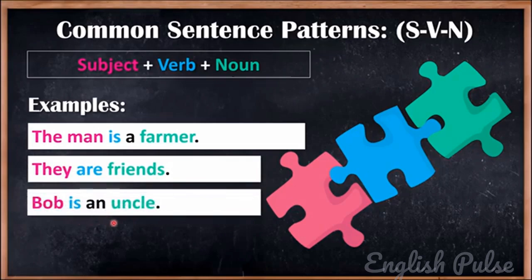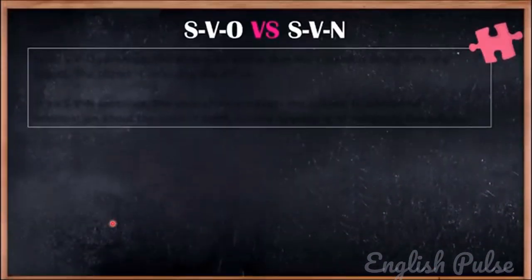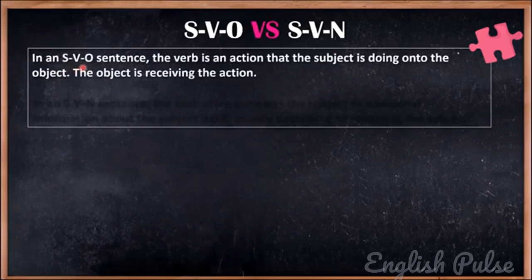Bob is an uncle. Now, something that might be confusing to you is what's the difference between the subject-verb-object pattern and subject-verb-noun pattern? So in an SVO, or subject-verb-object sentence, the verb is an action that the subject is doing onto the object. The object is receiving the action.